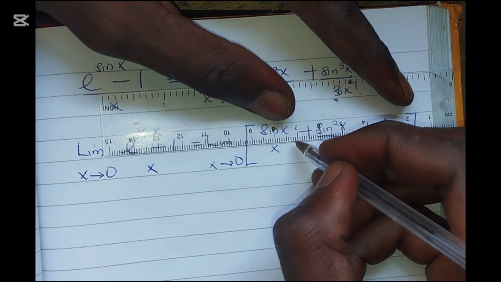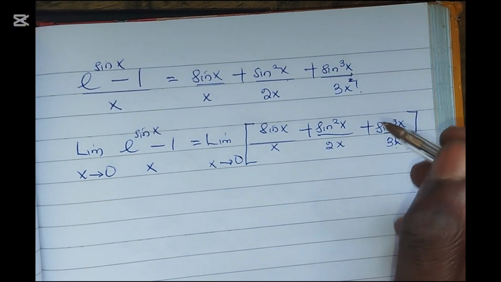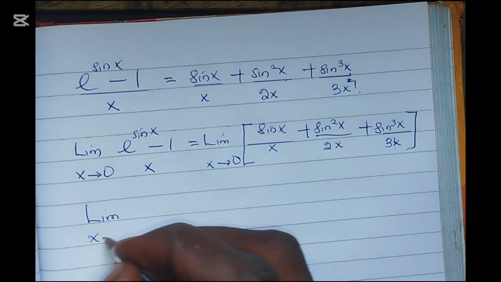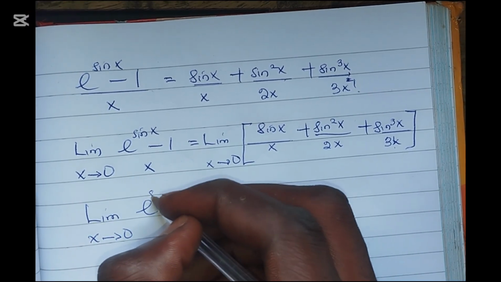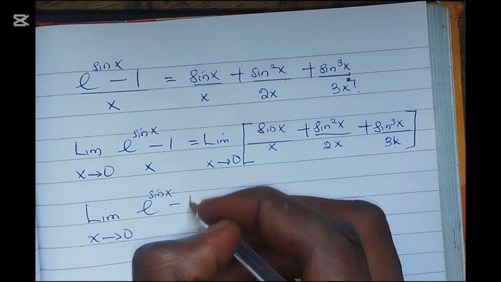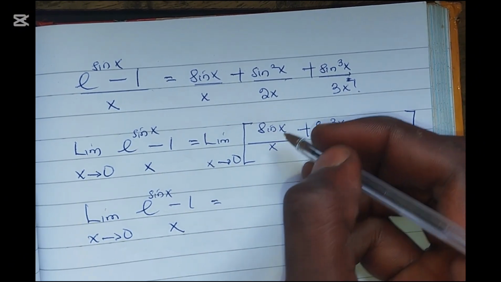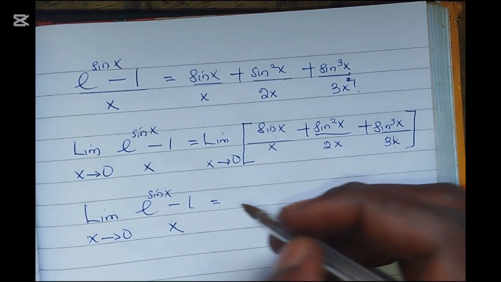So now let's apply our limit. The limit as x approaches 0 of (e to the sine x minus 1) all over x is equal to, now we know, let's apply the limit independently.